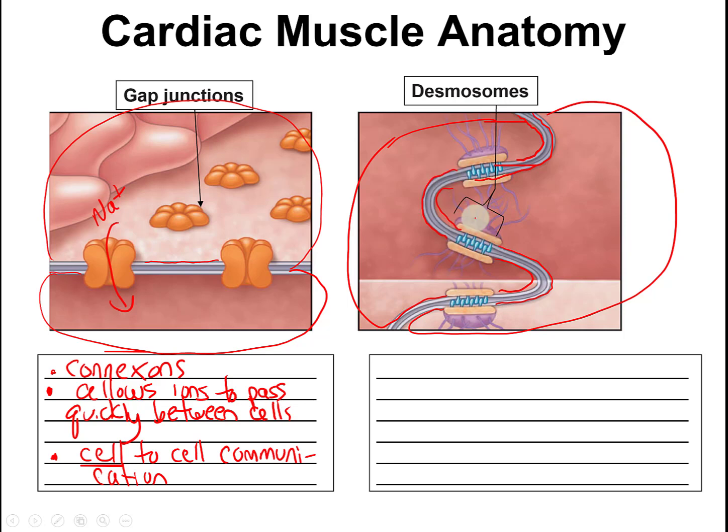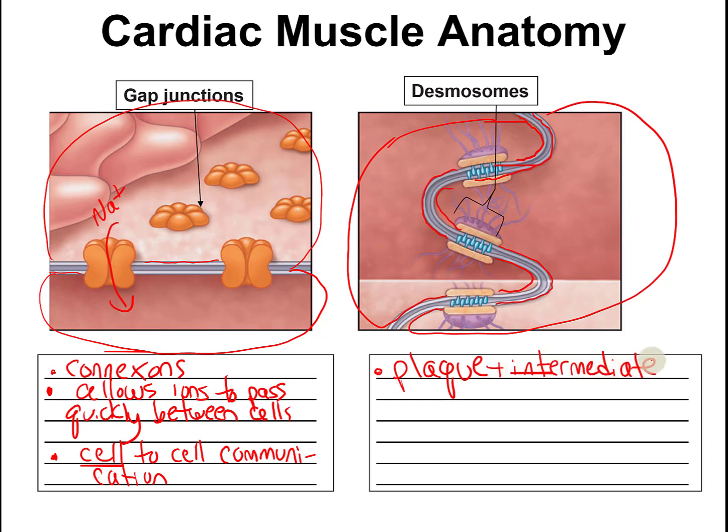So this structure is the desmosome, and there's a couple of parts to it. One is this purple button-like thing. This is called a plaque. And think of it as a block of cement. Now coming out of this plaque are these things called intermediate filaments.